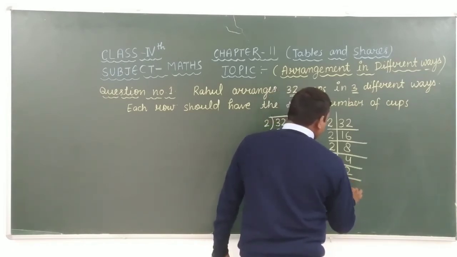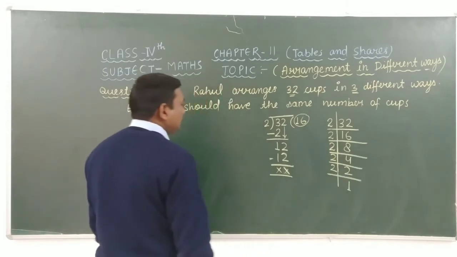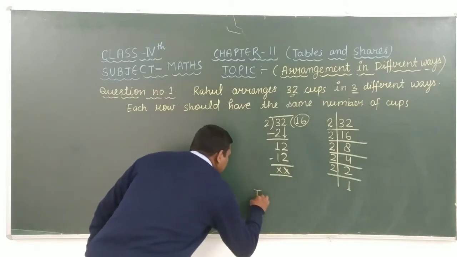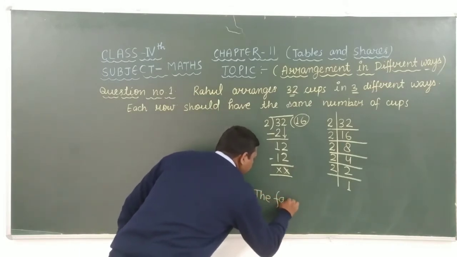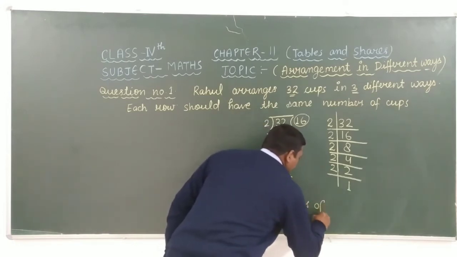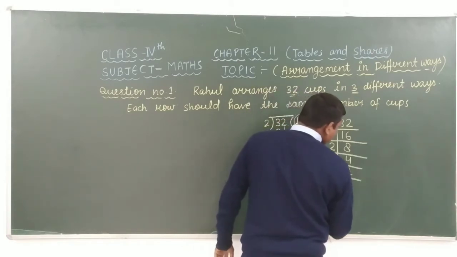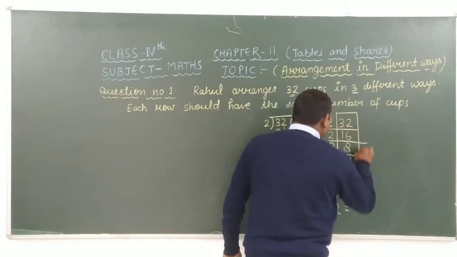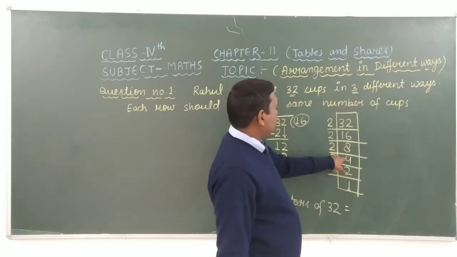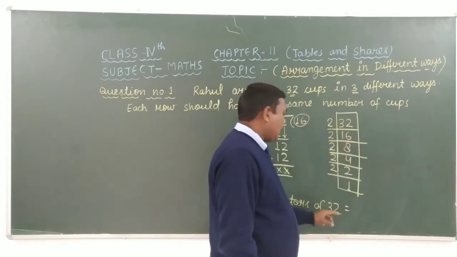Okay students, in this case we have to take the factors of 32. The factors of 32 are, look in this box, it means that these are the factors of 32.